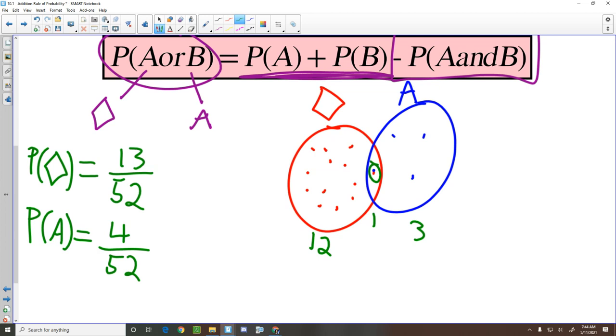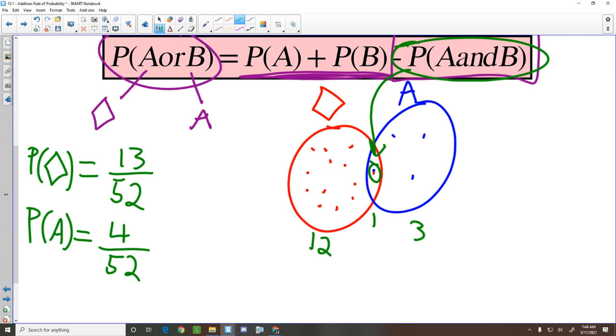So because of that, I have to subtract it out. And that's what this subtraction piece is doing. The probability of both of those events occurring is this overlap. It's where there's a diamond and an ace together. And so if I add these up, I get 12, 13, 14, 15, 16 possible cards that would make that true.